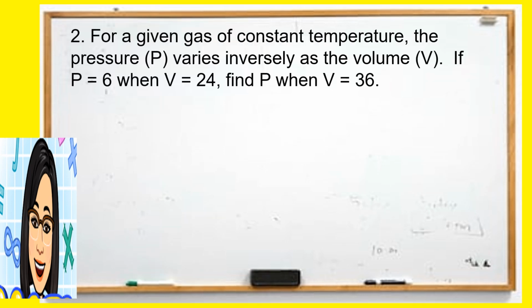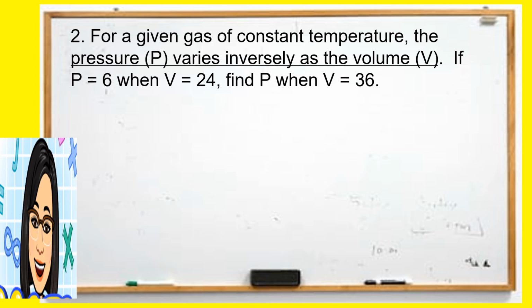Now let's take a look at another example. For a given gas of constant temperature, the pressure varies inversely as the volume. If P equals 6 when V equals 24, find P when V equals 36.